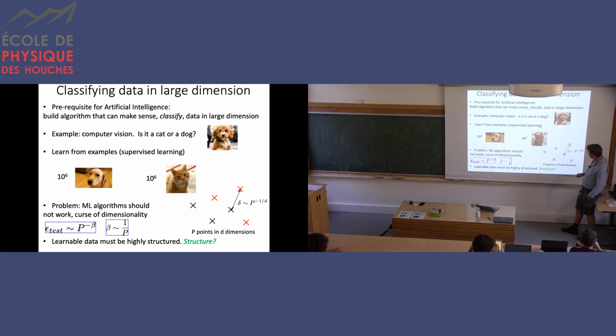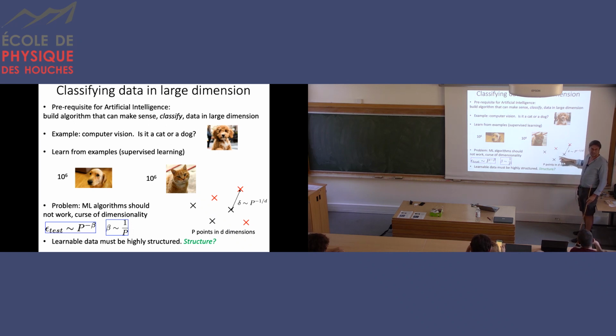If you give me P data, P pictures in that case, in large dimension you actually can't sample space. The distance between neighbors essentially is constant. It grows like the number of data to the power -1/d, where d is the dimension. So if you think about d being even in the hundreds, and it can be much larger, this is essentially not going to change. So you're not sampling space.